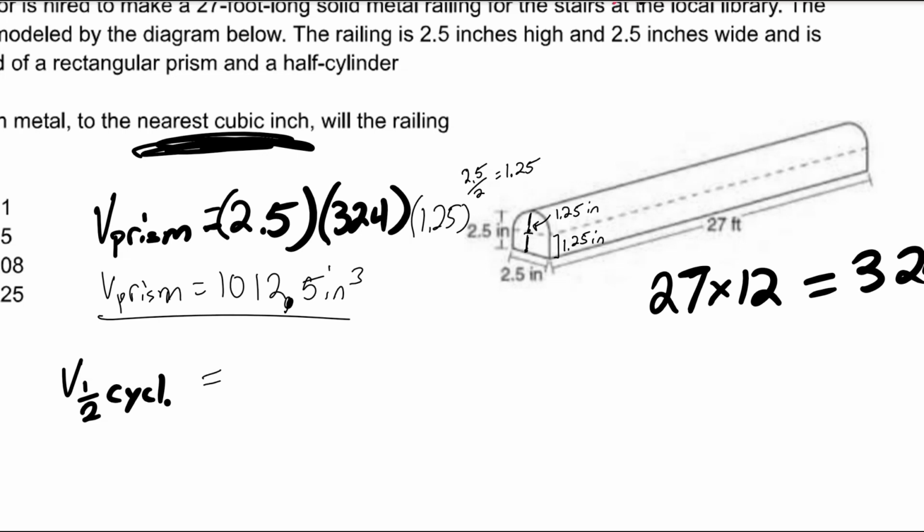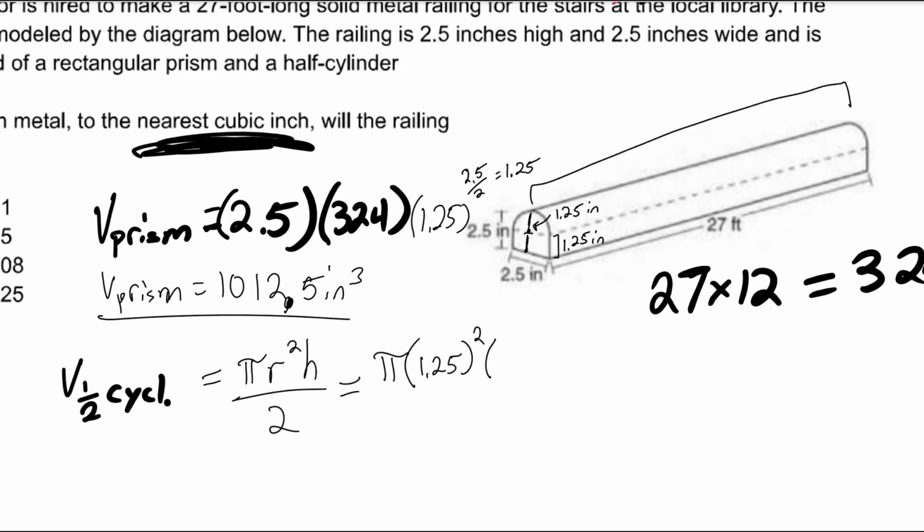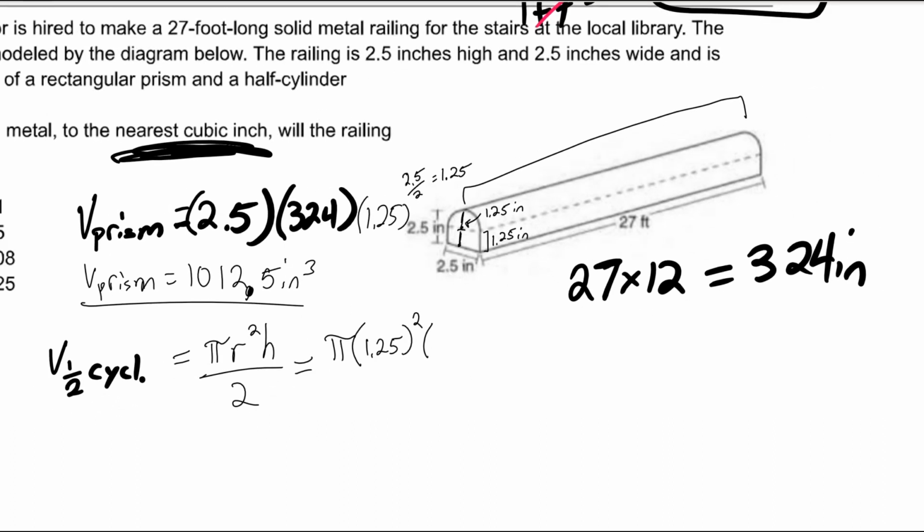For the half cylinder, remember the formula for a cylinder is pi r squared times the height, but if I want half of it, I can divide that by 2. And if I substitute in pi times the radius we just found, it was half of 2.5, so it's 1.25. And my height would be the distance between those half circular faces, and it's the same length as the rectangular prism.